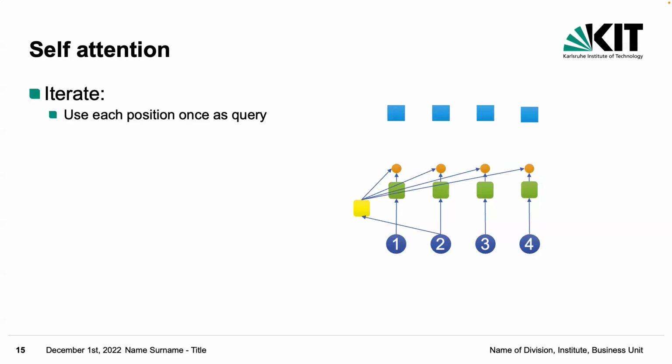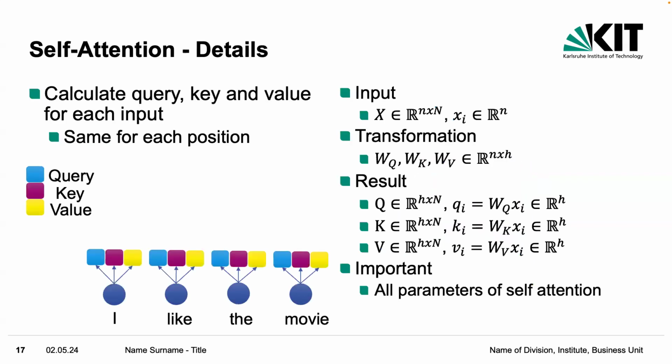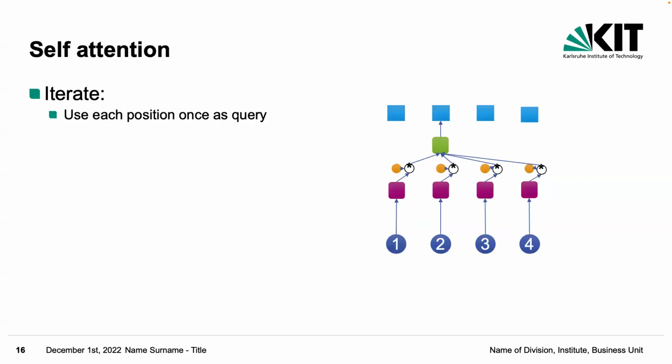So we take now the query based on the second hidden state, compare it to all our keys, and get how important all the states are in order to understand the second token. And there we again get different similarities. So of course, these values are now different, but we can in that way calculate the same thing. And then again, do the weighted sum and get then our second hidden state.